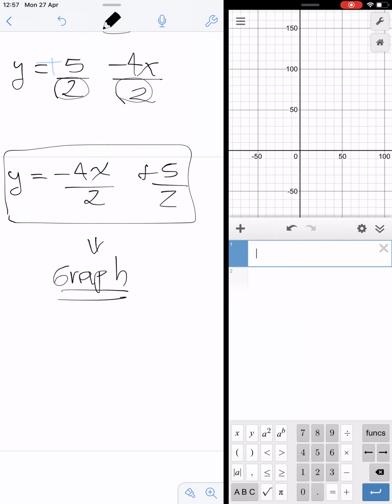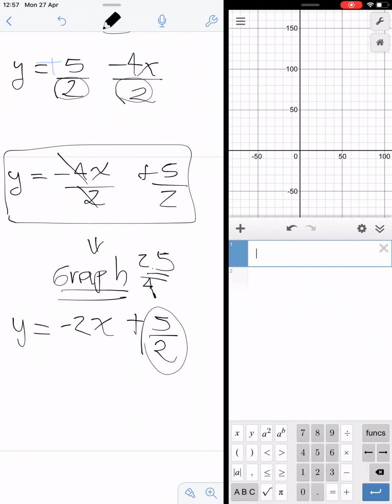In this case we can simplify the fractions. Minus 4 divided by 2 is equal to minus 2x, and plus 5 divided by 2, either the fraction or the decimal, you can use both. Then we can graph this using Desmos: minus 2x plus 5 divided by 2, creating the fraction.